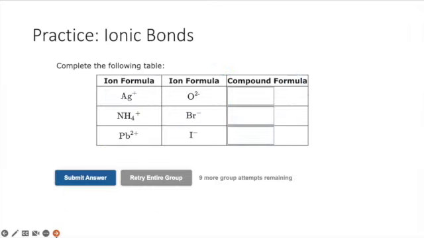So now let's look at an OWL question. This is your OWL question 3. They're telling us the element and its charge, and they want us to write the compound formula. This is specifically ionic bonds too. So we'll go ahead and do the swapping of the charges.